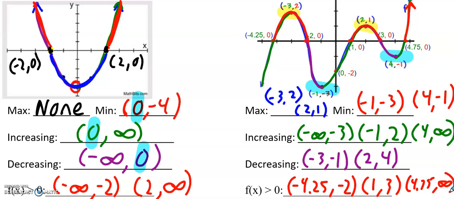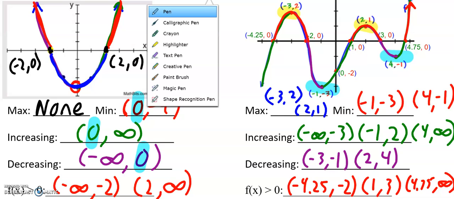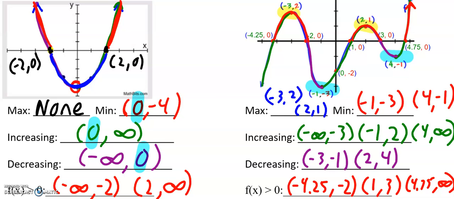So I'm using the x coordinates of the x-intercepts to identify where we are above or below 0. I'm just looking at all of my x-intercepts.